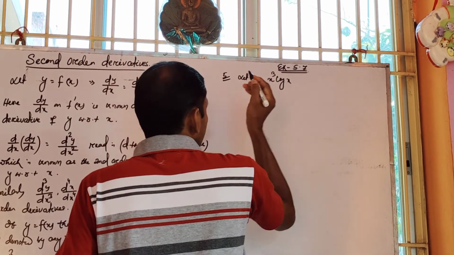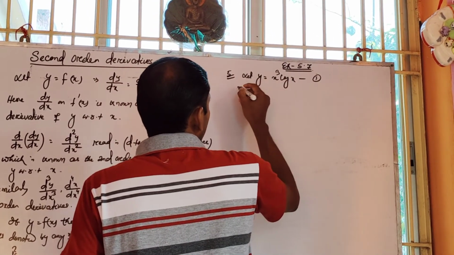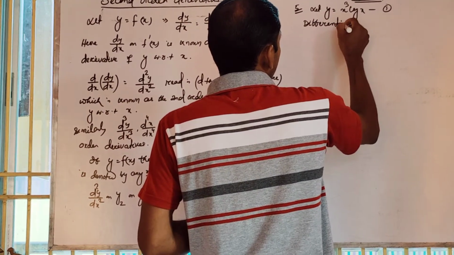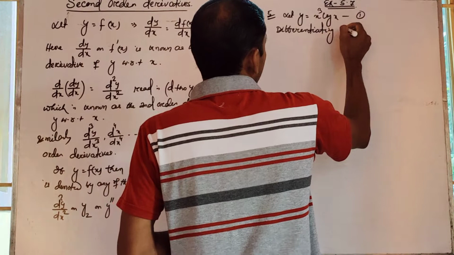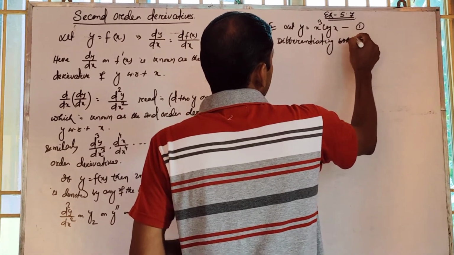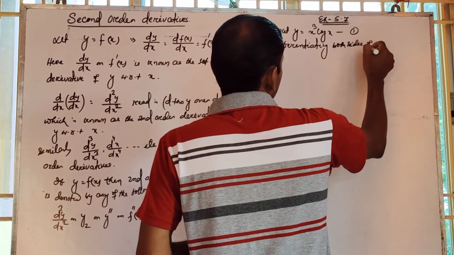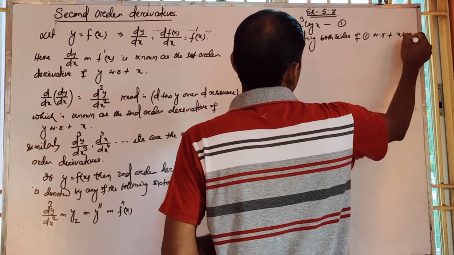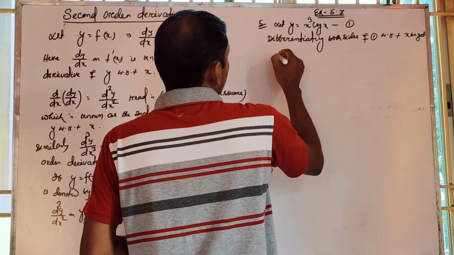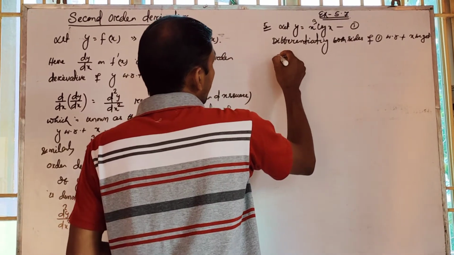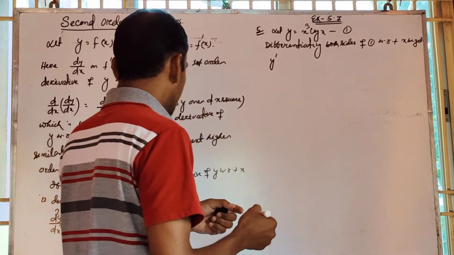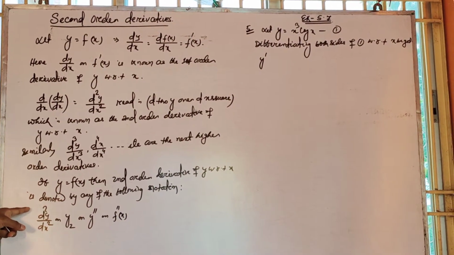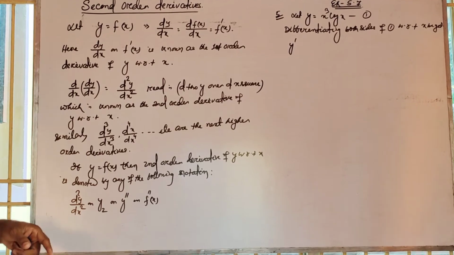Now here we write, differentiating both sides of 1 with respect to x, we get y dash, because first order is y1 or y dash.